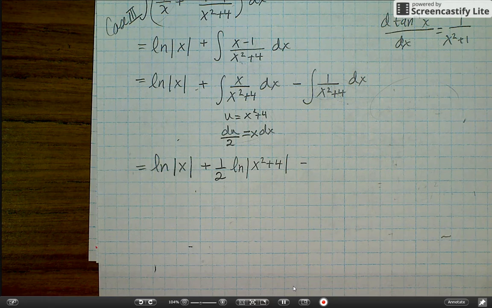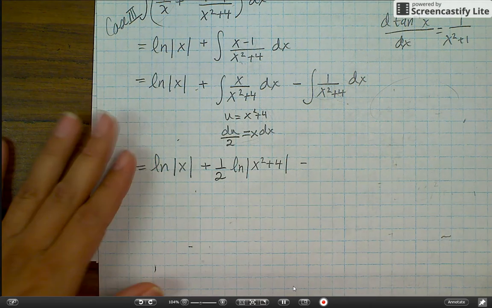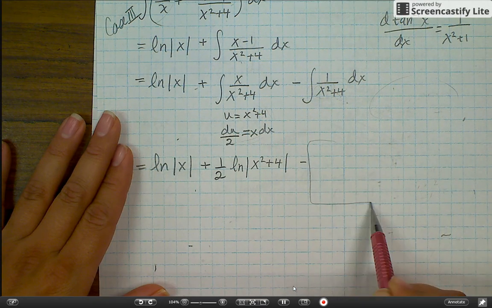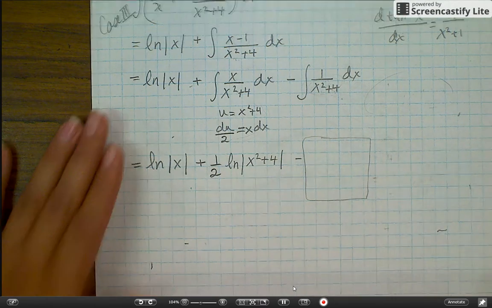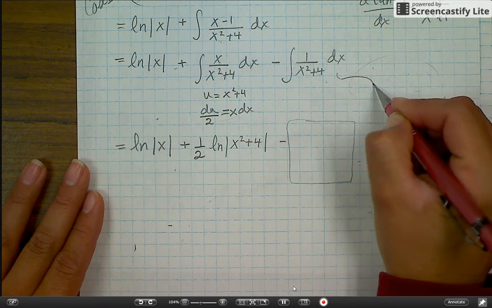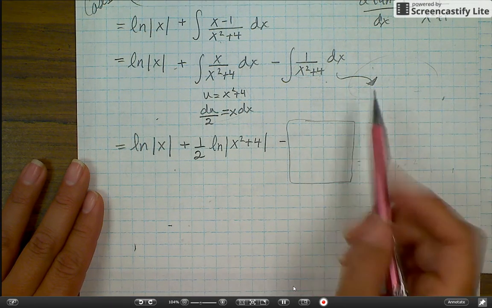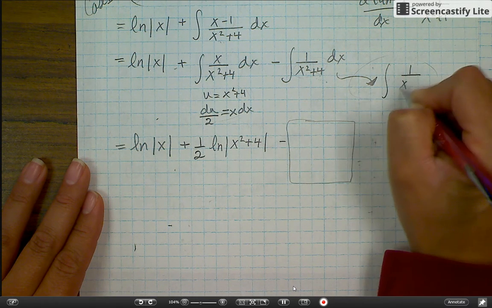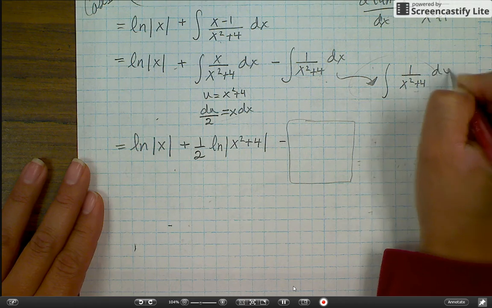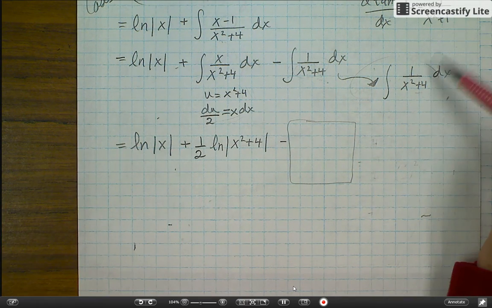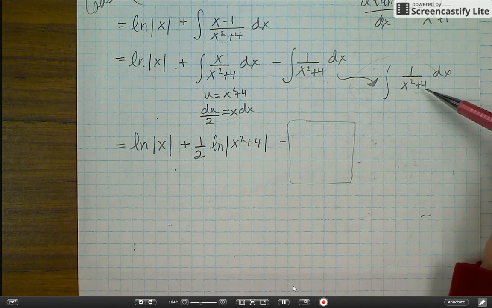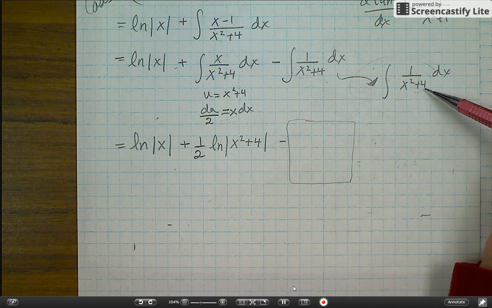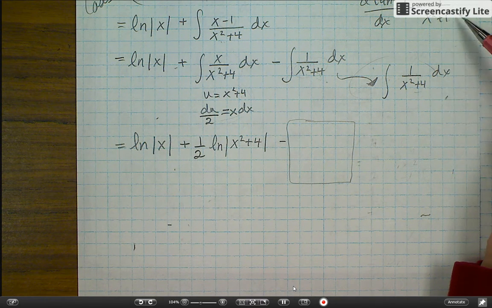So we're going to do some manipulations, okay, to fill in finally the antiderivative, this spot right here. So right now we're going to work with this, okay? We are going to take 1 over x squared plus 4 dx, and we're going to get it in this form. So how do we do that? I want to get this 4 into a 1, okay?